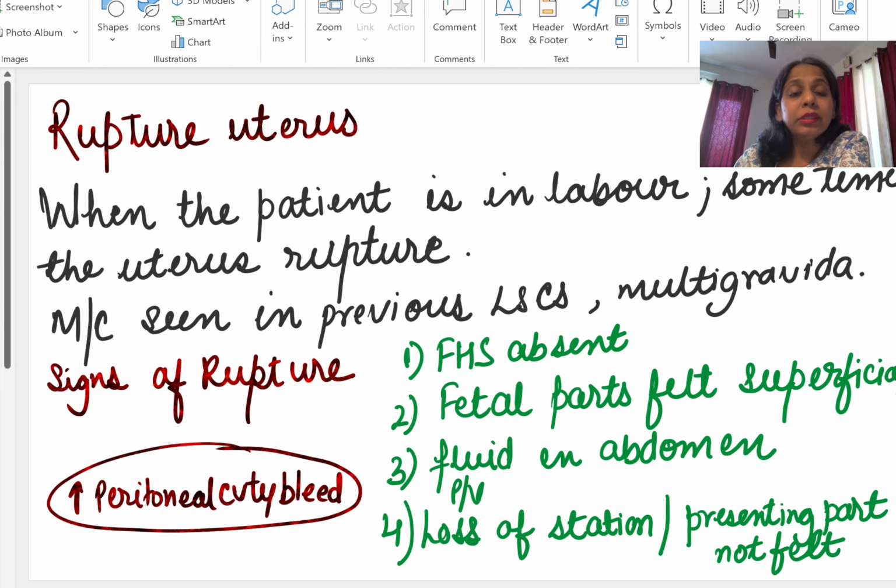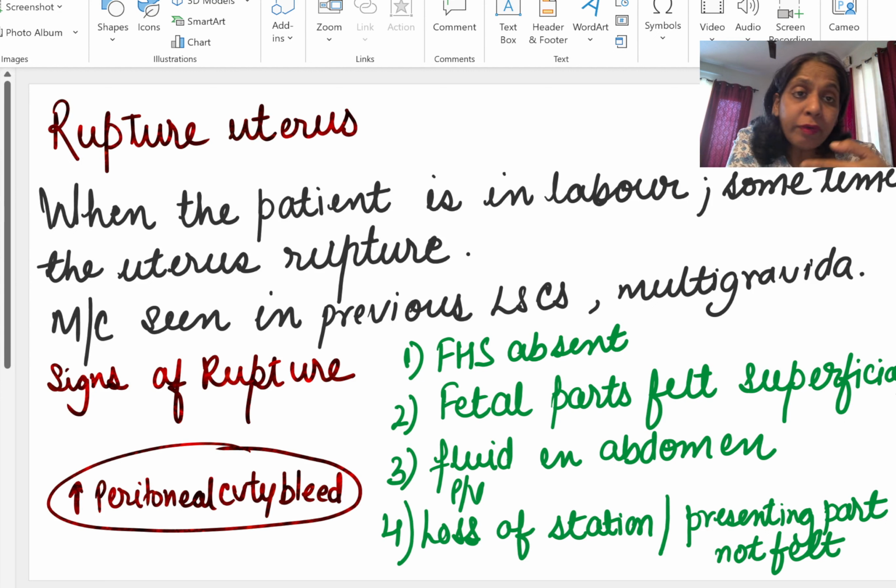Okay, now number four is there will be loss of station. This is the finding which we will get on the PV. The first three are the findings which we get on PA, per abdomen. On per vaginum examination, the finding which we get is loss of station. What is loss of station? Loss of station means that when we do the PV, we feel where the presentation is.